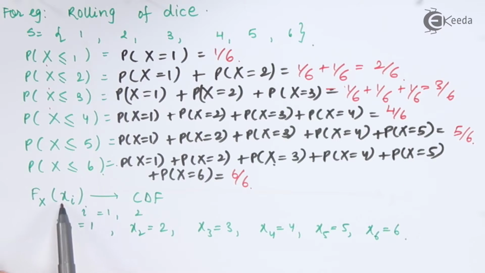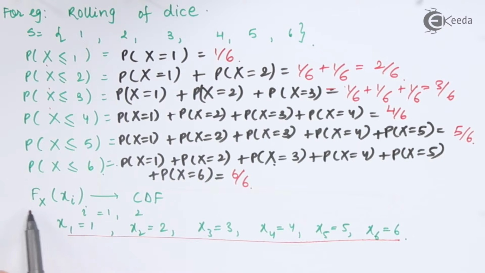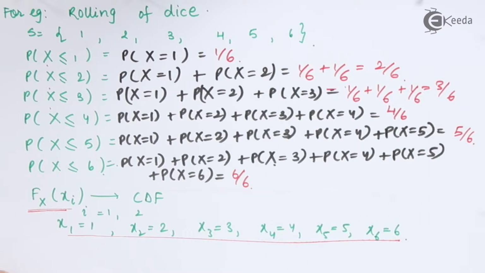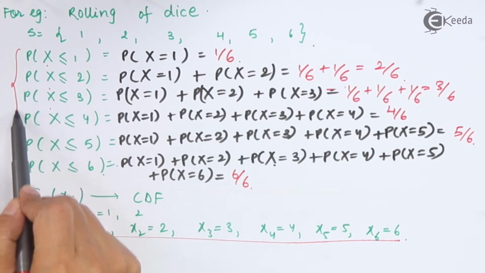So the value of this dummy variable can be 1, 2, 3, 4, 5, 6. For these values we will define our CDF, cumulative distribution function, which is nothing but associated with the probability of these numbers.